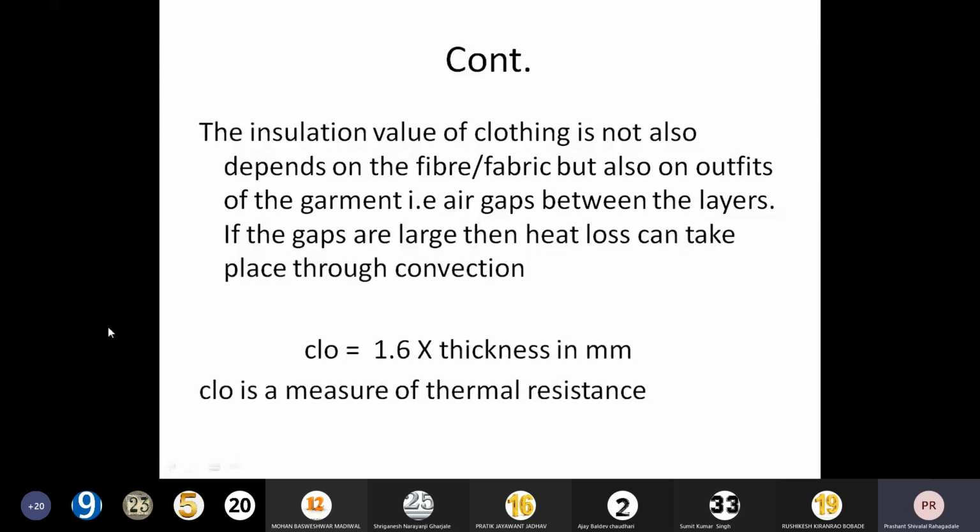So therefore, not just fiber and not just fabric, they are important, but which type of construction you are using. What it means? It means open fabric or closed fabric: ends per inch, picks per inch. अगर मैंने बहुत कम रखा तो that means air gap is more, and if air gap is more, then heat loss will be due to convection, because you are allowing more air to pass.